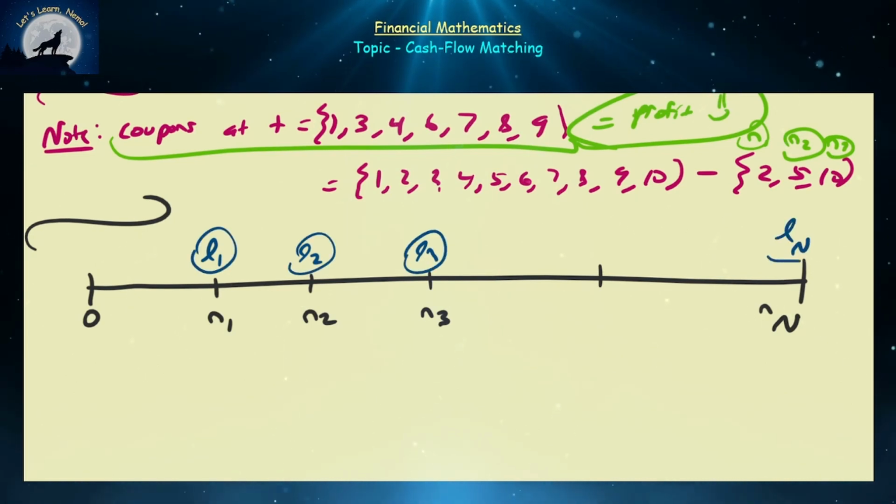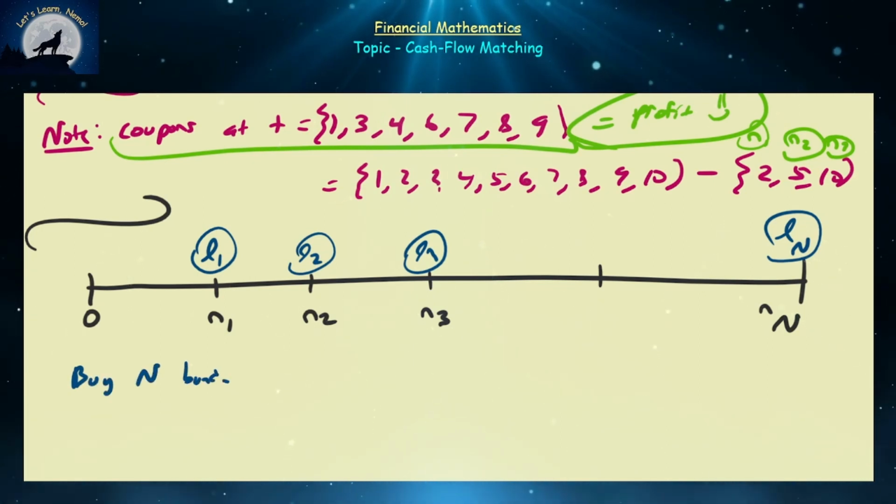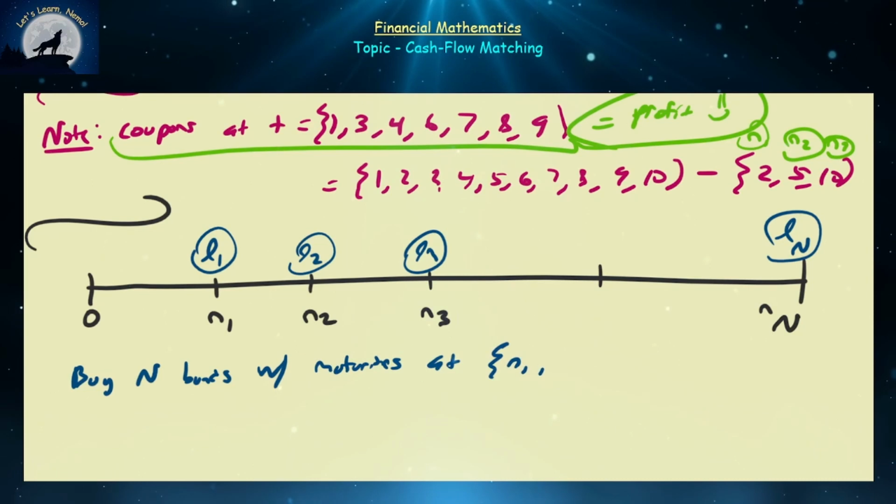Right, so that's how much you have to pay, which means you have to buy capital N bonds with maturities at N1, N2, down to NM.